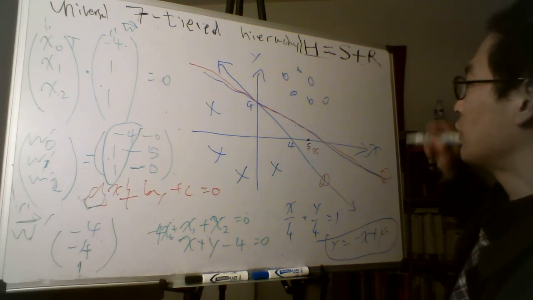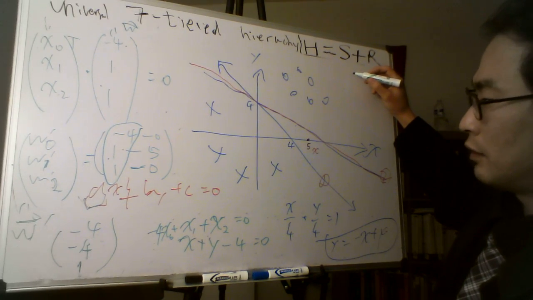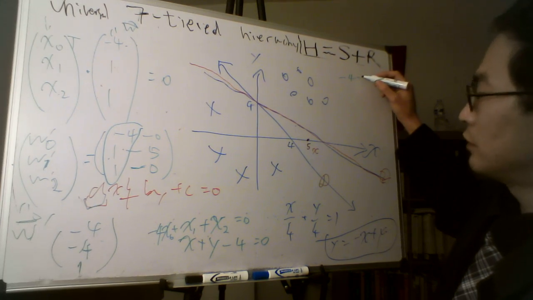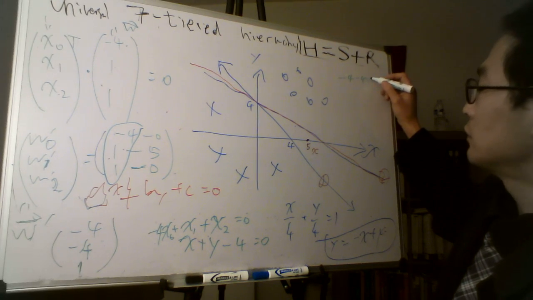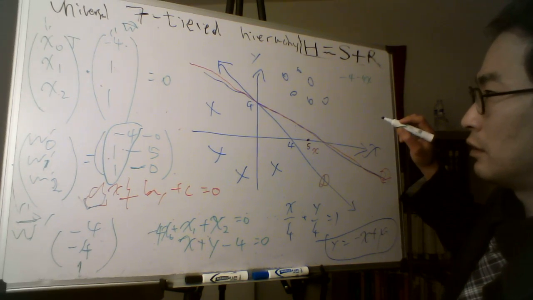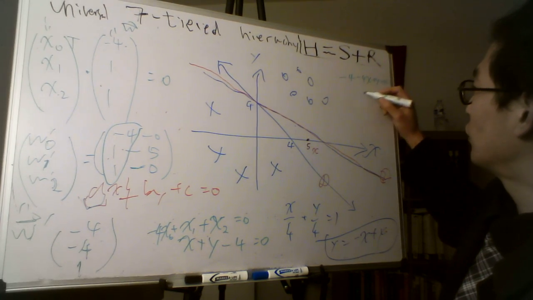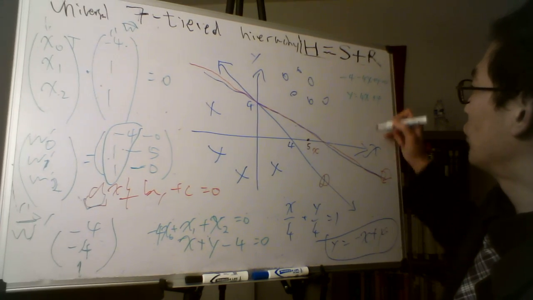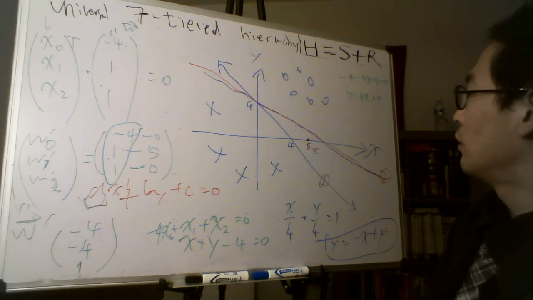So this brand new equation would look like minus 4 minus 4x plus y is equal to 0. So y is equal to 4x plus 4. So we still have 4 here.